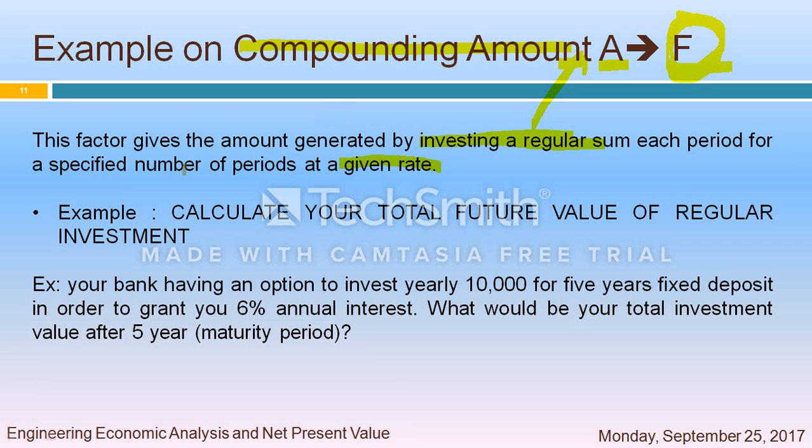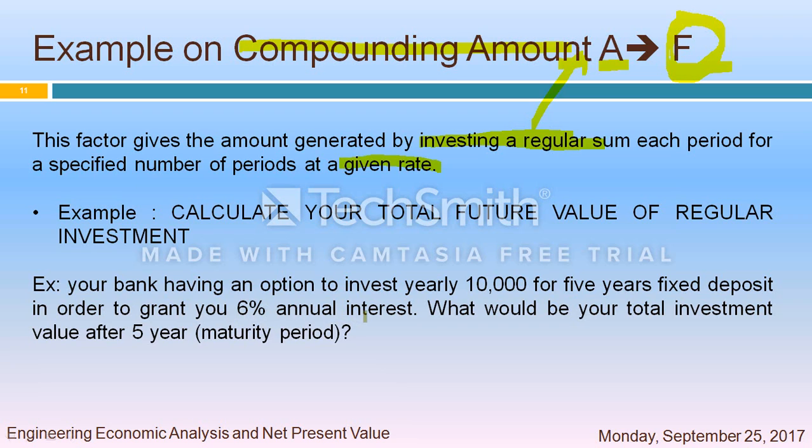An example of this is to calculate your total future value of a regular investment. Simple. Let's say your bank has an option to invest yearly 10,000 for 5 years in a fixed deposit in order to grant you a 6% annual interest.